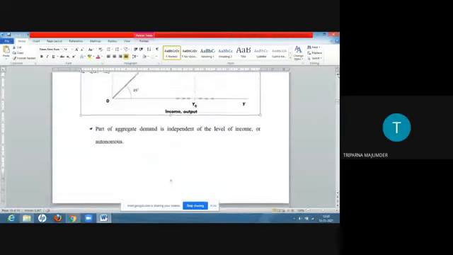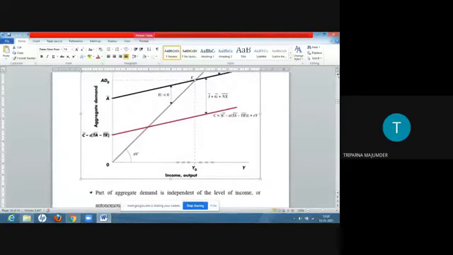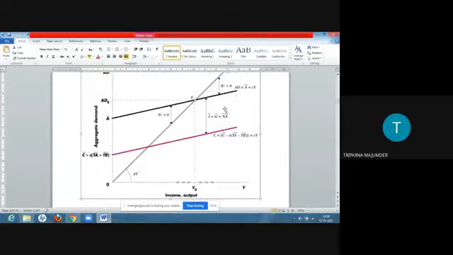Now we come to the determination of income, the equilibrium level of income. So here, what do we find? We find that where this aggregate demand curve intersects the 45-degree line, we get the equilibrium level of income and output. Why?